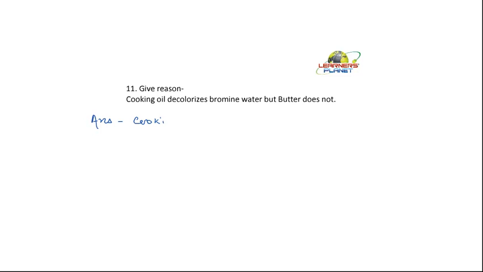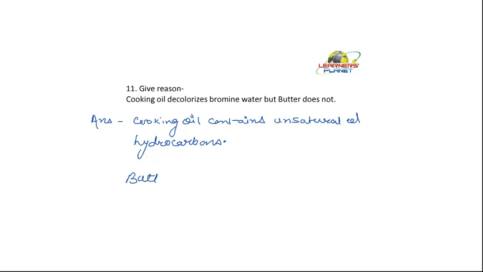Because your cooking oil contains unsaturated hydrocarbons. Right? And your butter contains saturated hydrocarbons.